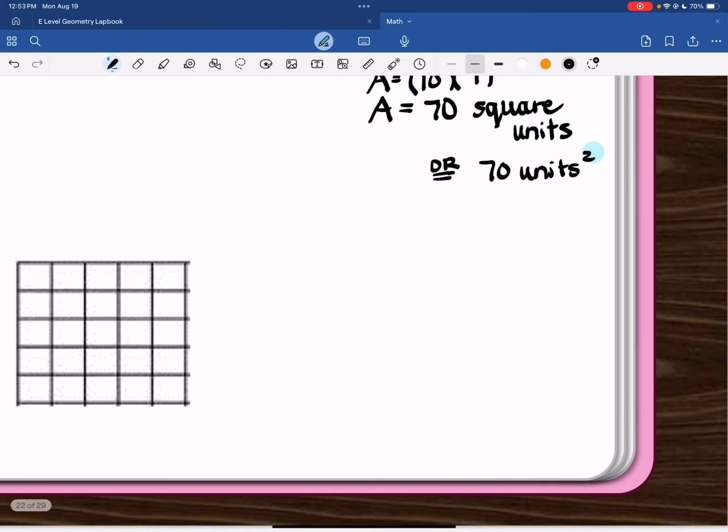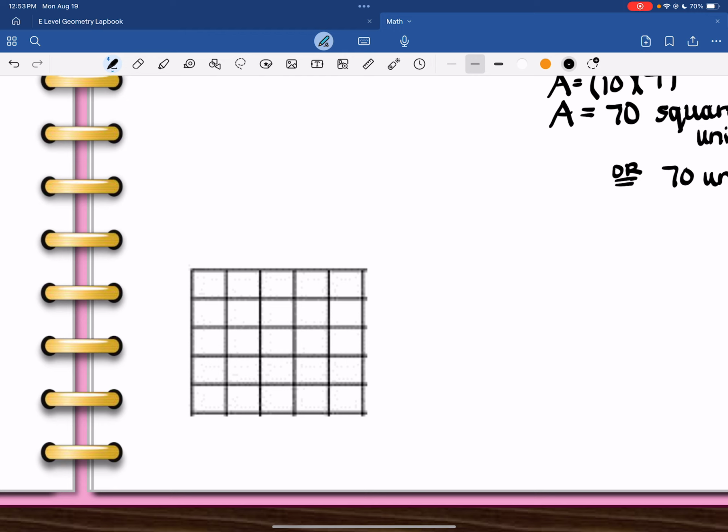And here is a perfect square. If these were perfect little squares, this would be a nice square. That is 5 units by 5 units. Length times width will work.